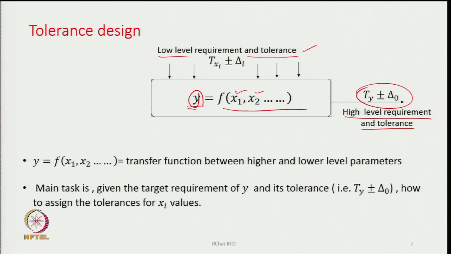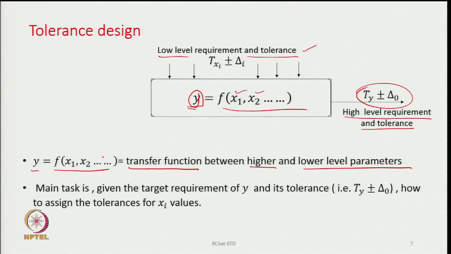So, the relationship between these stages is known as a transfer function between higher and lower level parameters. Whatever is the form of relationship, sometimes some relationship may be available, because from the research literature we can find out how y and x's are related to each other, or sometimes we need to do some experiments to find out what is the exact relationship.